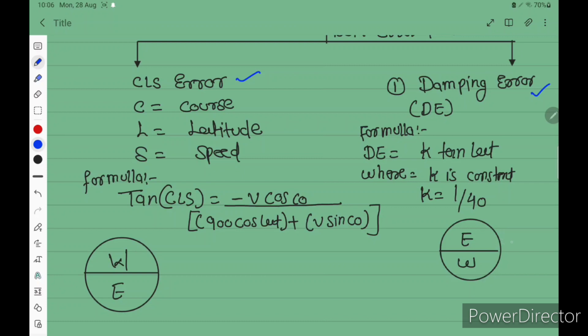If your vessel is above the equator in the north hemisphere, then it will be east, otherwise if it is in the south hemisphere, it will be west. So the naming is very important. If you remember one naming, the other one is opposite. This is a basic funda. These two main formulas are used in the numericals.